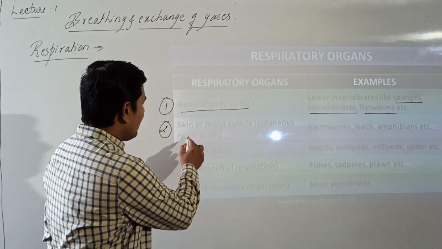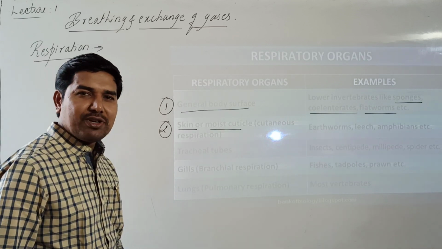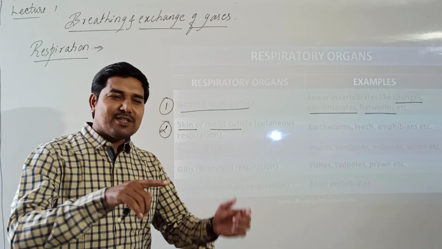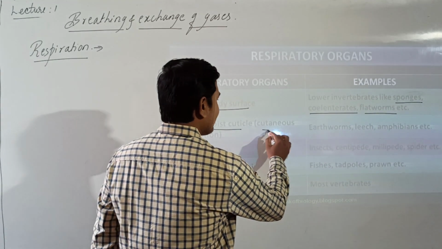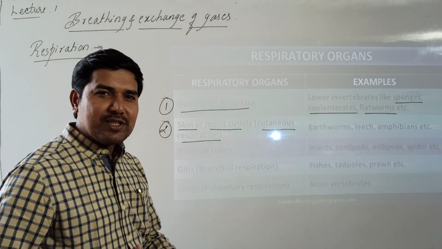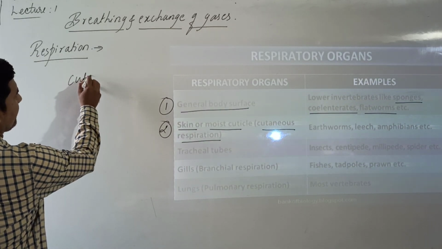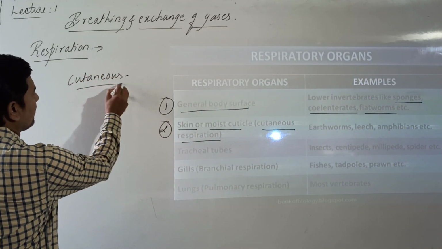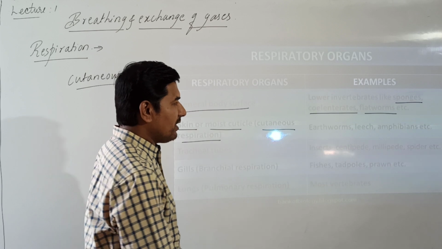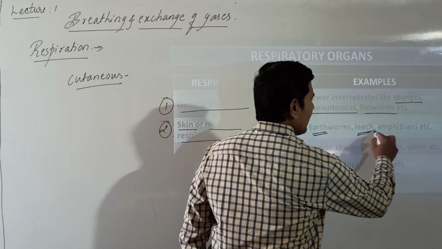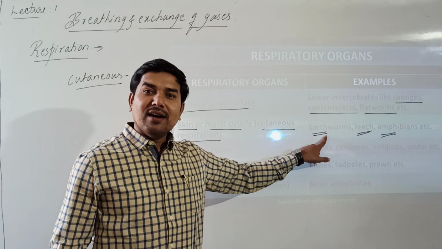Second one: respiration occurs through the skin, which we also call moist skin or moist cuticle. If respiration occurs through the skin, such type of respiration is said to be cutaneous respiration. Cutaneous respiration is observed in organisms like earthworms, leeches and amphibians.